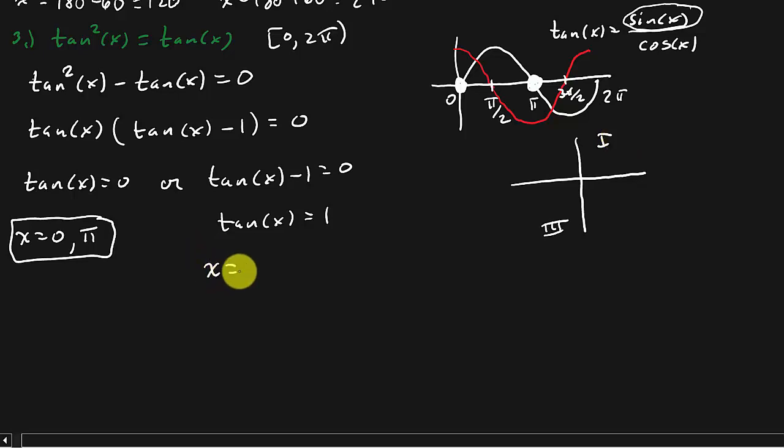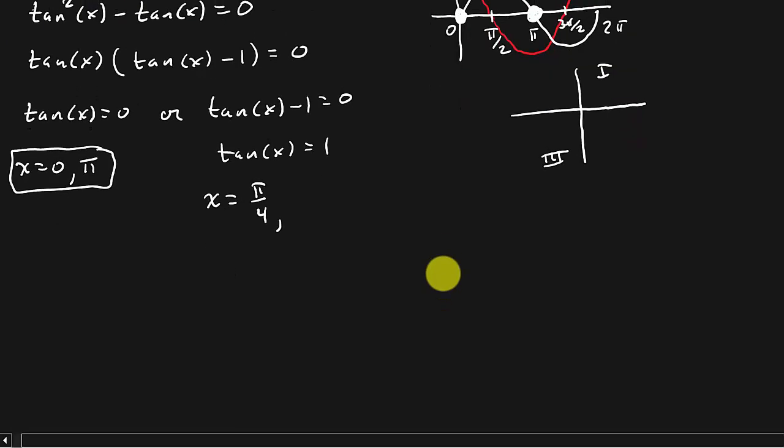And so I get x is equal to the tangent of what is 1? Positive 1. Tangent of x is tangent of what is positive 1? Well, that's 45 degrees, which is pi over 4. All right, that's my first quadrant solution, and it is also my reference angle.